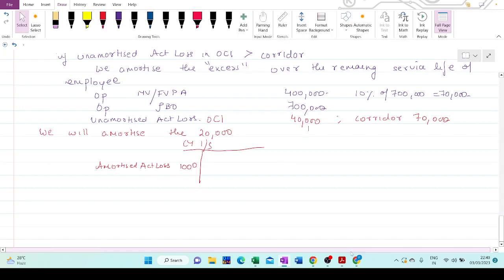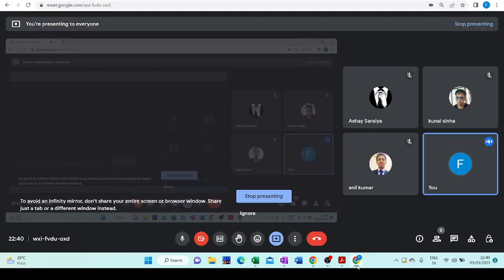Hello, guys. Actuarial loss is 40,000, corridor is 70,000. So is the actuarial loss exceeding the corridor? No. So it's not exceeding the corridor, and since it's not exceeding the corridor, that basically means the actuarial losses are not big enough for us to start amortization, right?